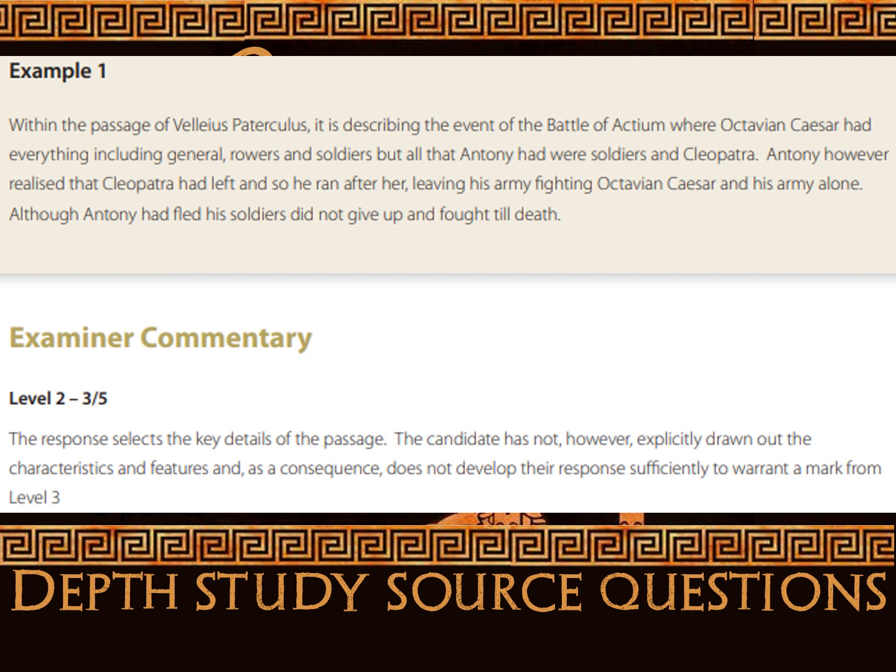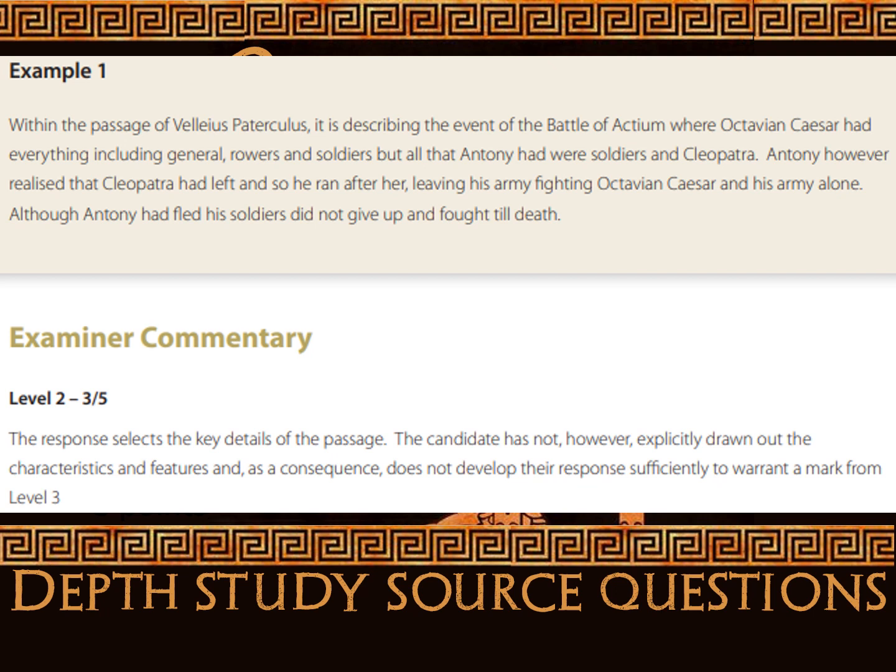They've not listed it as bullet points, but they've pretty much said Paterculus is writing about the Battle of Actium, where Octavian has everything, Antony had nothing. Cleopatra leaves, Antony legs it after her, the army don't give up.